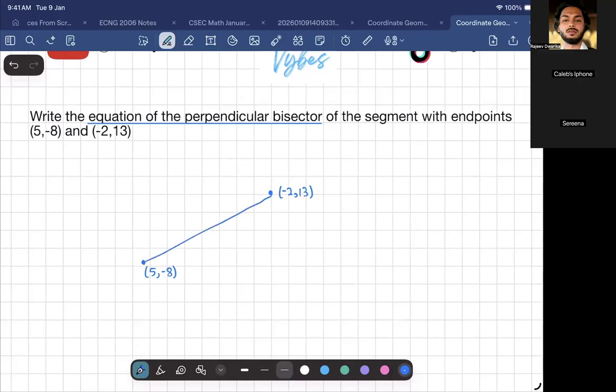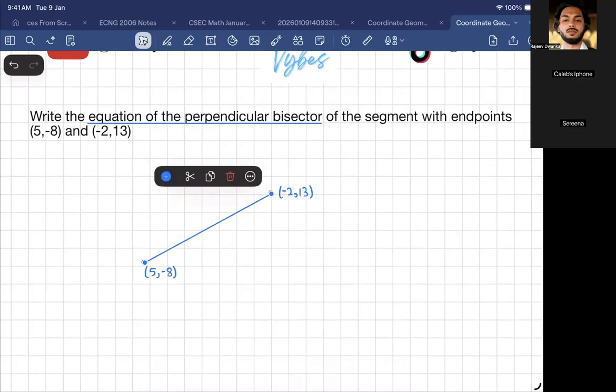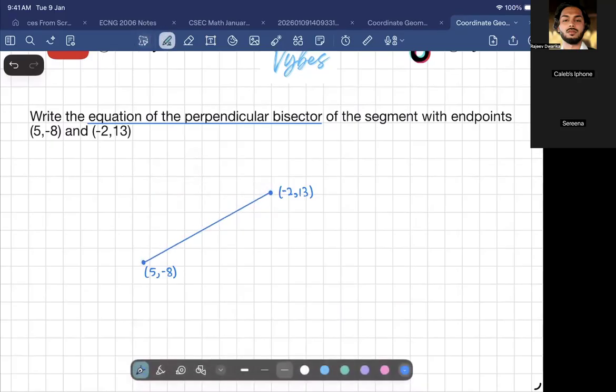Yes, sir. Now that's just a sketch, right? That is not how it will actually look, but let me know if you understand the concept. Are you able to draw on the screen? I think so. All right. So I want you to try and figure out what the perpendicular bisector would look like for that line segment.